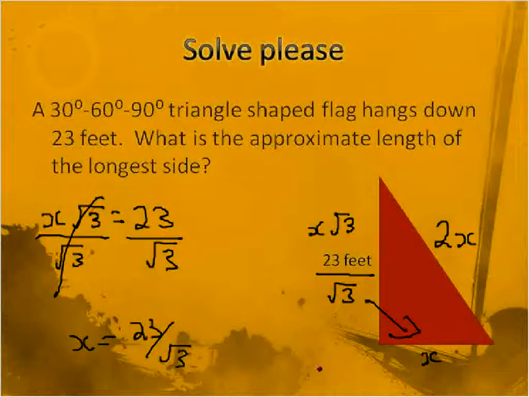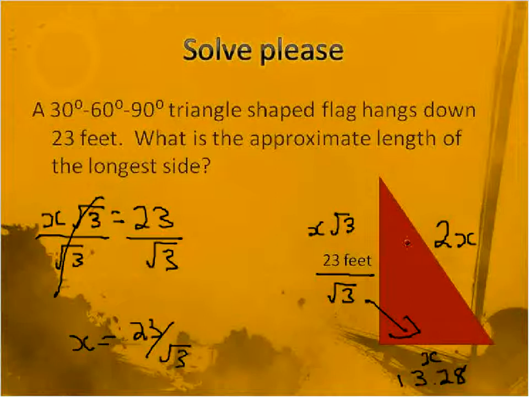Now we're going to approximate here, and a very approximate answer is 13.28. That's pretty approximate, but it'll work for what we're doing. So x is equal to 13.28. That means that's the length of this side.